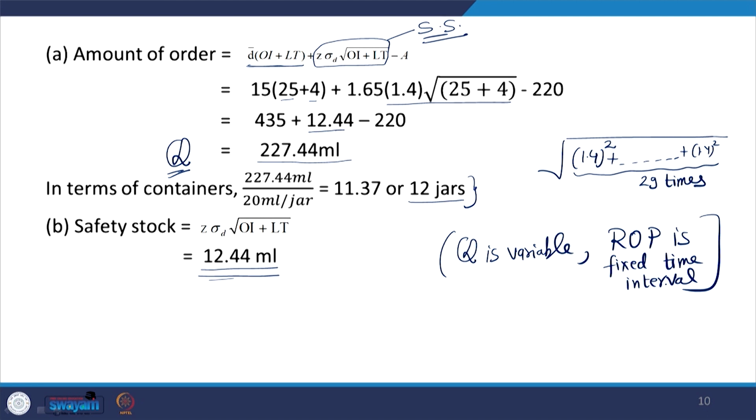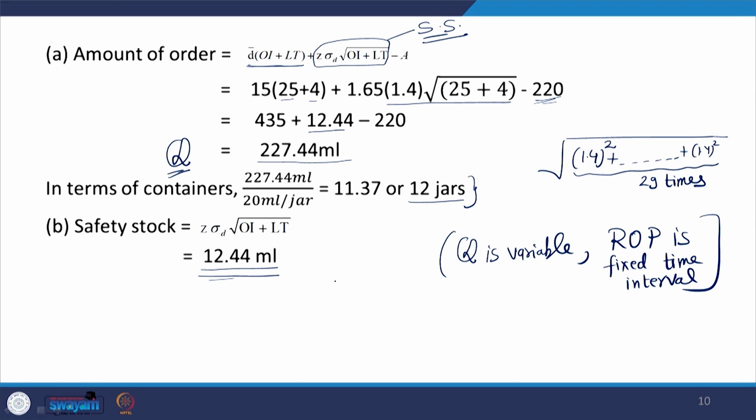In my earlier case, this A, the 220 unit used to serve as ROP point, but now in this particular case ROP will come on the basis of fixed time interval, and that is 25 days in this particular example. So, that is this P type inventory case.